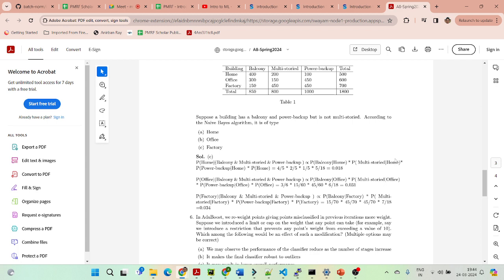So all the three probabilities will change. So for that, office will be the highest probability. So the answer must be office. Yes, correct. So this will be corrected. No problem. Okay, sir.